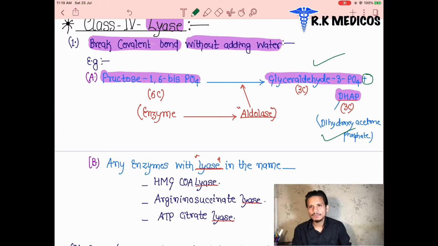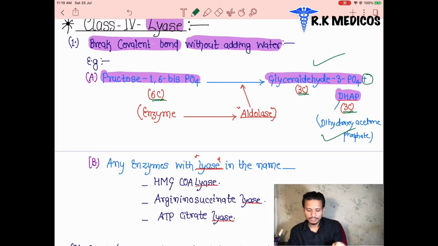The glyceraldehyde 3-phosphate and DHAP. How are they going to break down? The fructose 1,6-bisphosphate is a 6-carbon compound, and it breaks down into two parts, one 3-carbon compound and another 3-carbon compound. The 6-carbon compound breaks into two parts.